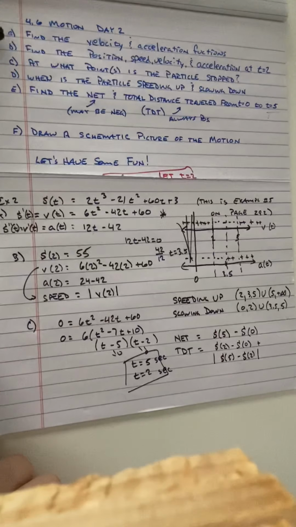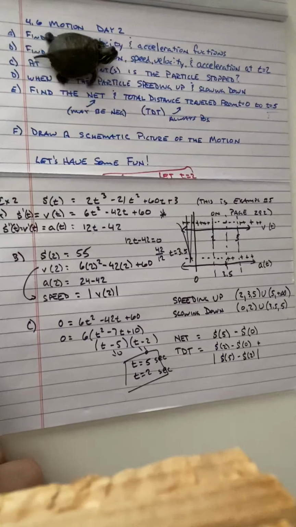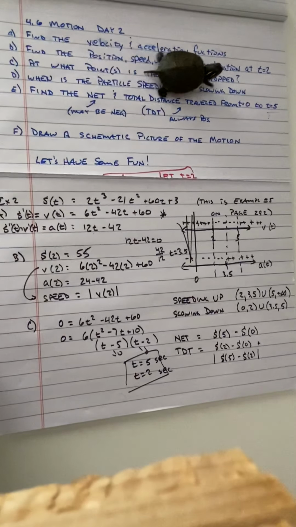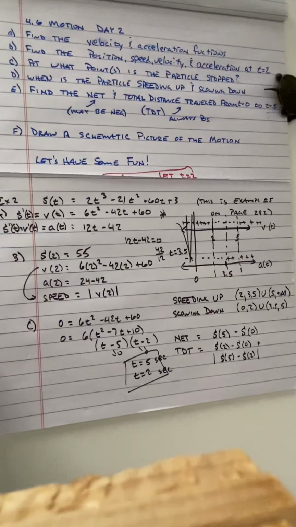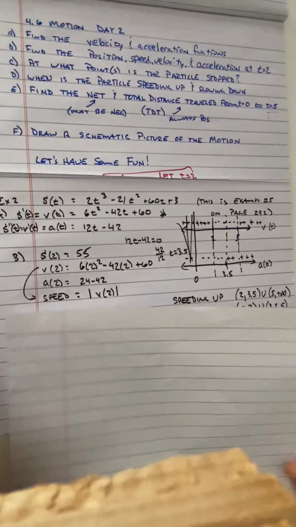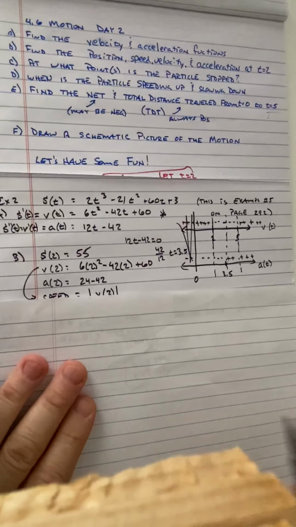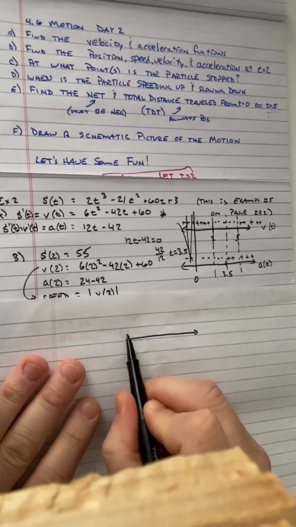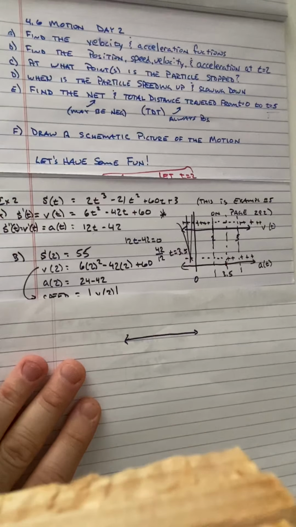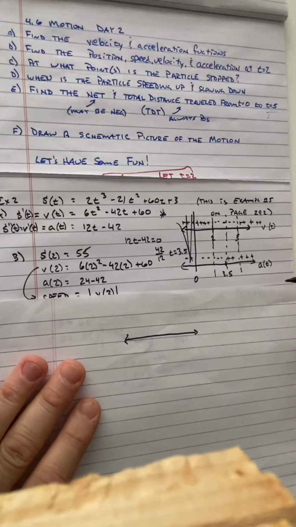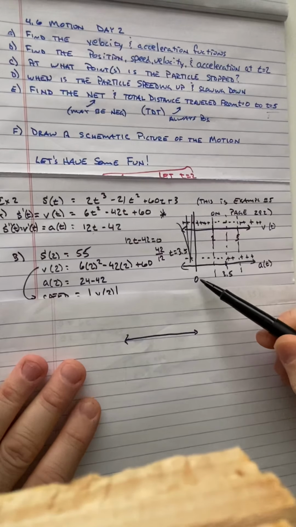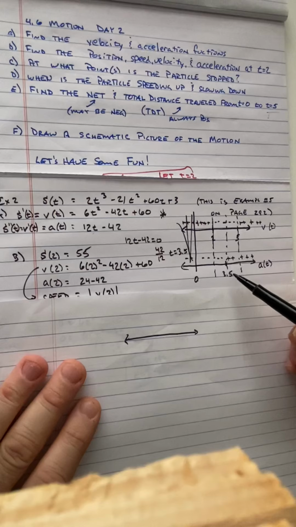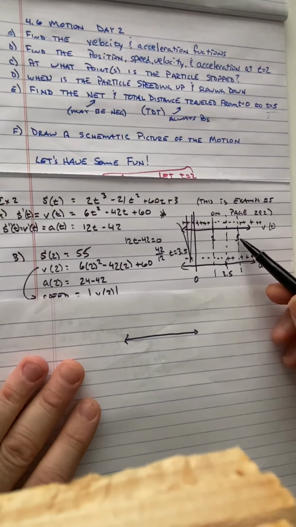Okay, and then the moment that I've been waiting for, because I love doing these, is draw a schematic picture of the motion. So drawing a schematic picture of the motion, remember the number line is a position function number line. We want to highlight the position at all of these critical values, 0, 2, 3.5, and 5.